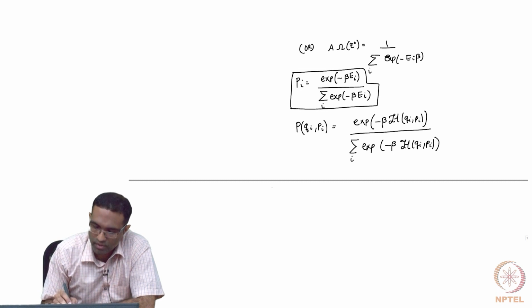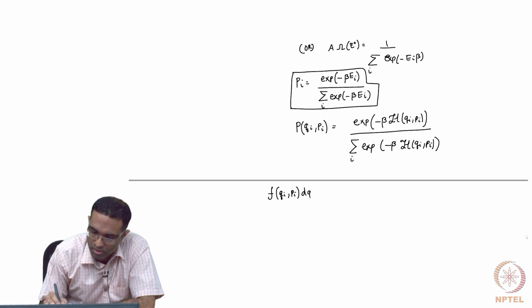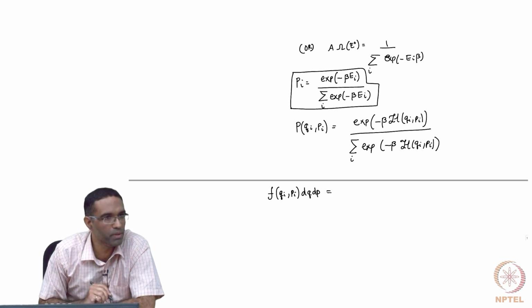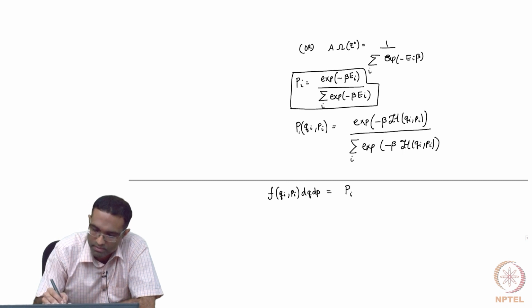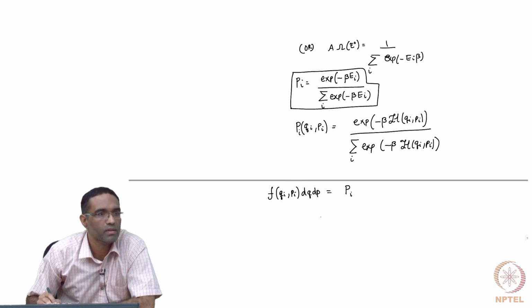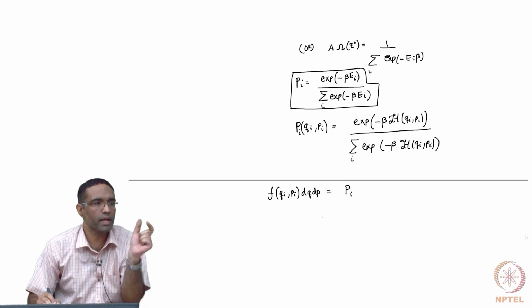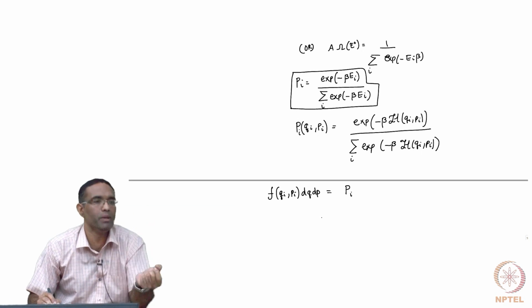Now we can write the following: we can say the probability density f times some infinitesimal volume element in the phase space dq dp is actually equal to Pi, right? Probability per unit volume times the unit volume is going to give you the probability, correct?